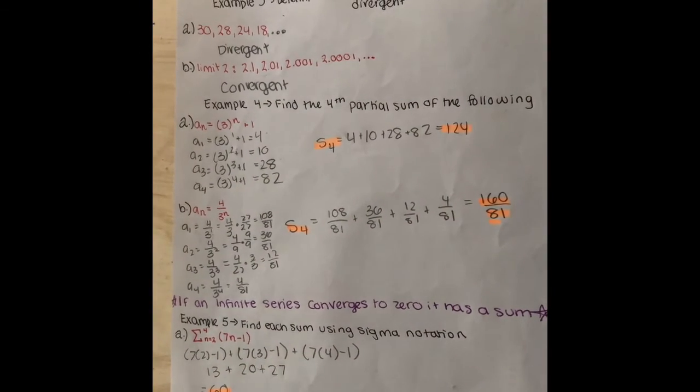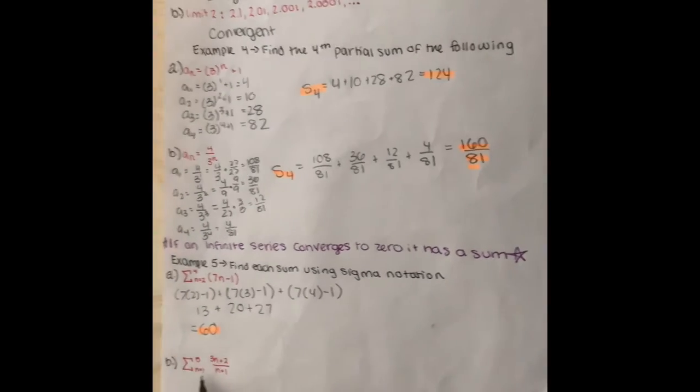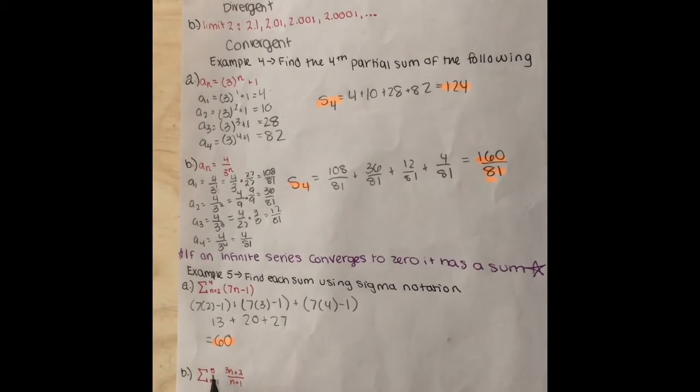And then the last one, the lower limit starts at 1, and the upper limit is 5.